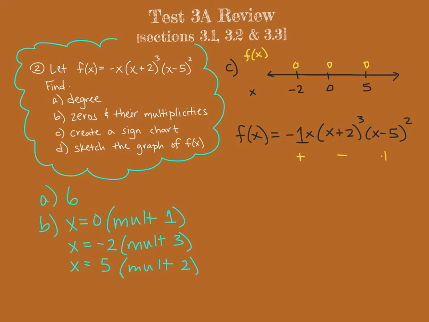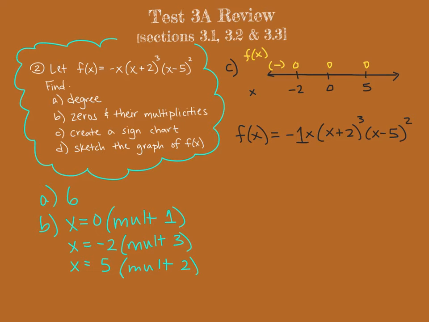And then we said that no matter what is in that final parentheses, it's squared, so it's always positive. So if we plugged in negative 10 into our function, we'd have a positive times a negative times a positive, and that gives us a negative output. So no matter what number we plug in to the left of negative 2 into f of x, we get a negative output. Then we'll erase and do it again.